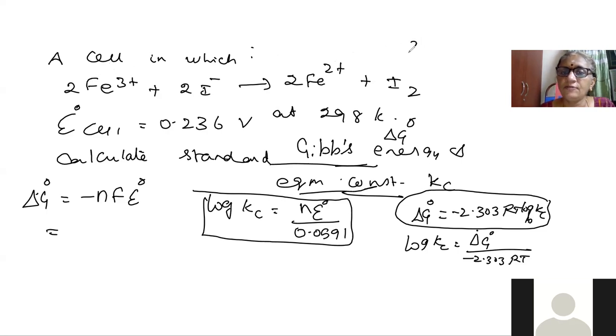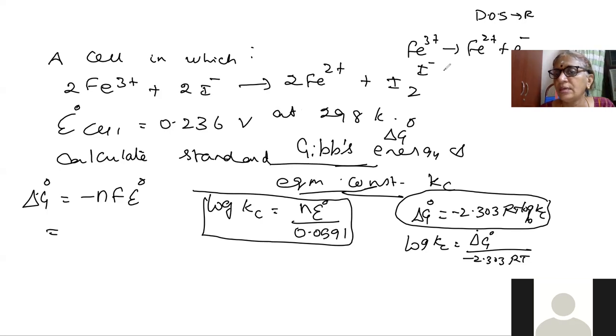So let us write Fe3+ becoming Fe2+ plus electron. Why have we put electron here? Because 3+ to 2+ means the oxidation number is decreasing, no? Whenever there is a decrease in oxidation state, it means reduction. So here I- has undergone oxidation to I2. I- becoming I2, here minus 1, here 0.